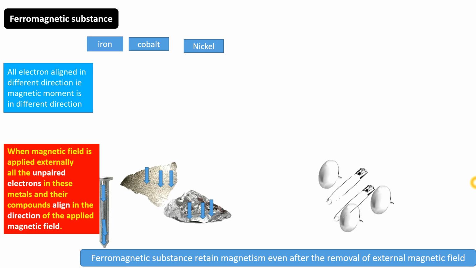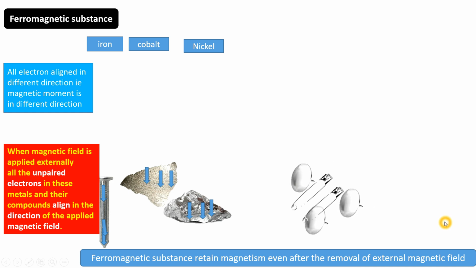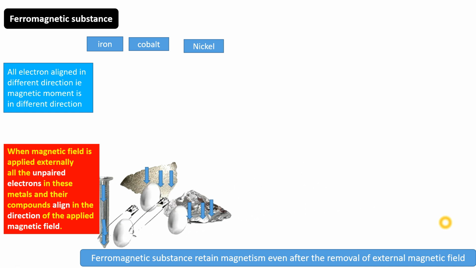Because of that, if such a substance is brought near any other ferromagnetic substance, it will attract that substance. So it has a permanent magnetic dipole moment, and such a substance can also be permanently magnetized.